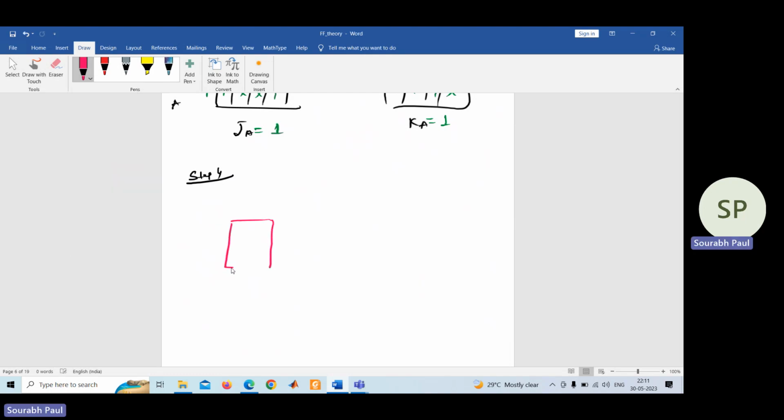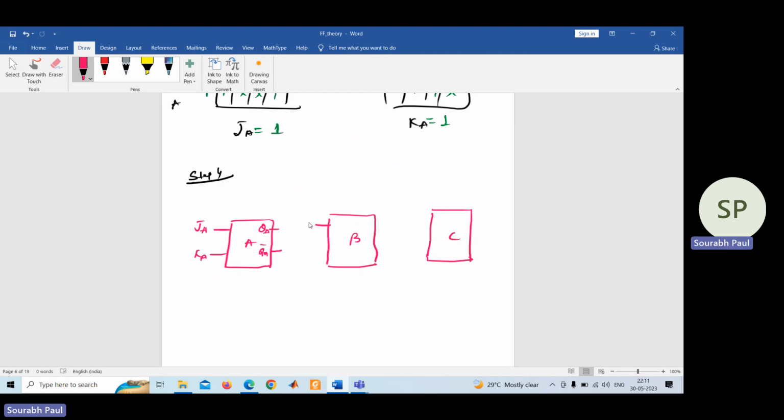That is flip-flop number A, then flip-flop number B, then flip-flop number C. Each flip-flop has 2 inputs, JA, KA, and 2 outputs, QA and QA bar.